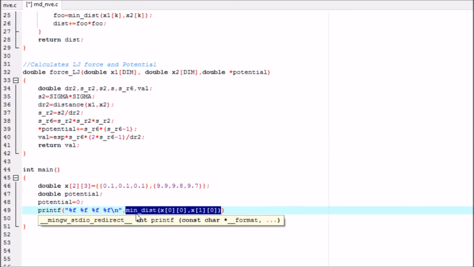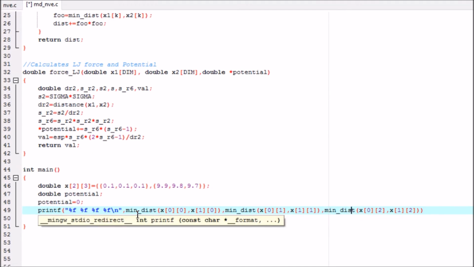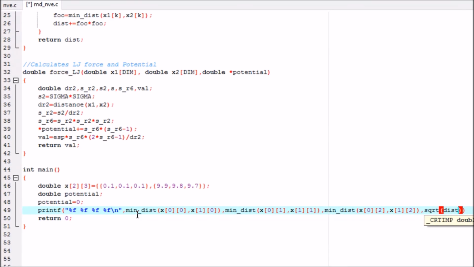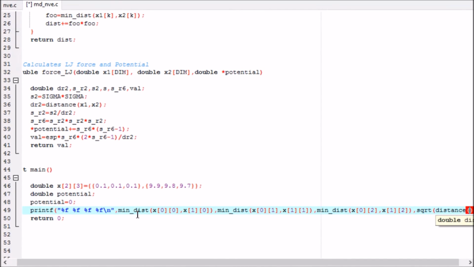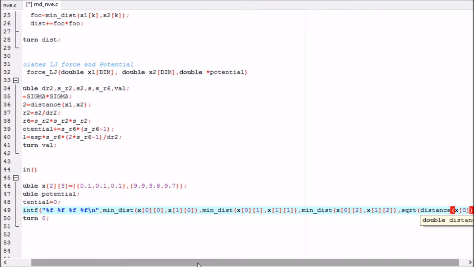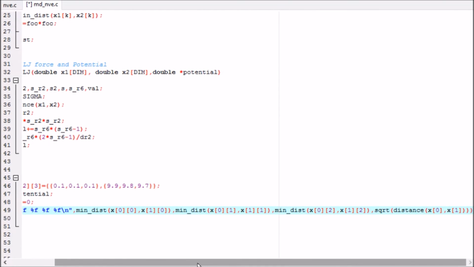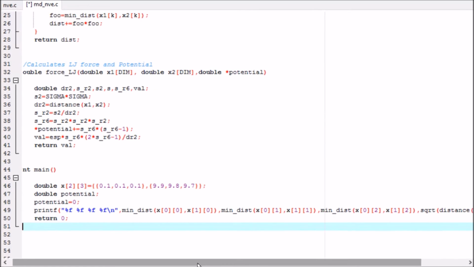So we'll just copy this and then paste it two more times and change the indices to 2, which is for z, and 1, which is for y. And then finally we'll have a sqrt distance function, and then just pass x0 and x1. Okay, so this should do it.